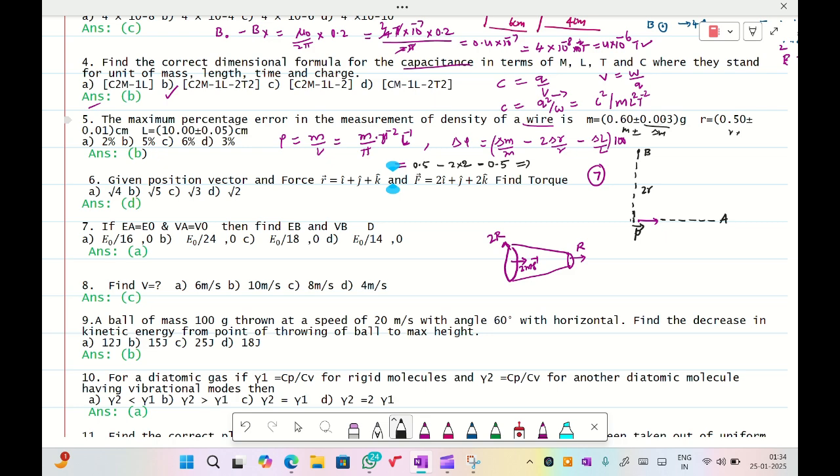Volume is equal to pi r square into l, l power minus 1, that is minus dl by l. Therefore 4% has to come here, I think so. The 4% will be the answer. The answer is not 5%.